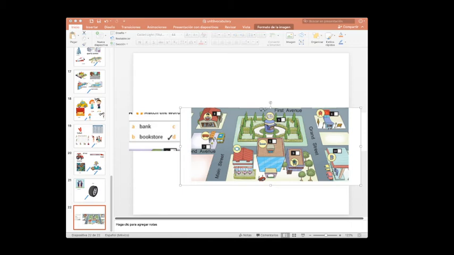Places in the neighborhood. 1, D. Coffee shop. 2, A. Bank. 3, J. Supermarket. 4, G. Library. 5, H. Newsstand. 6, I. Subway station. 7, C. Bus stop. 8, F. Hotel. 9, B. Bookstore. 10, E. Gas station.